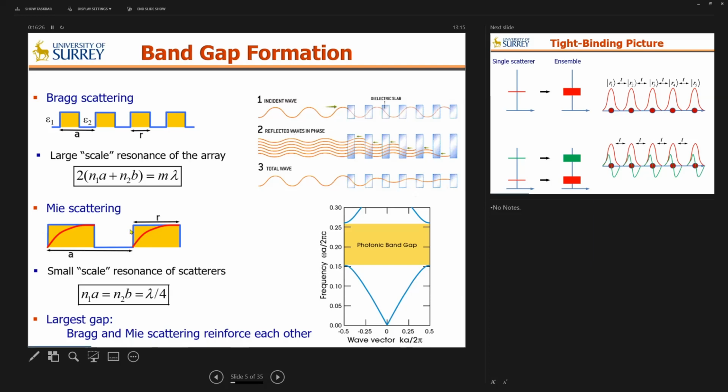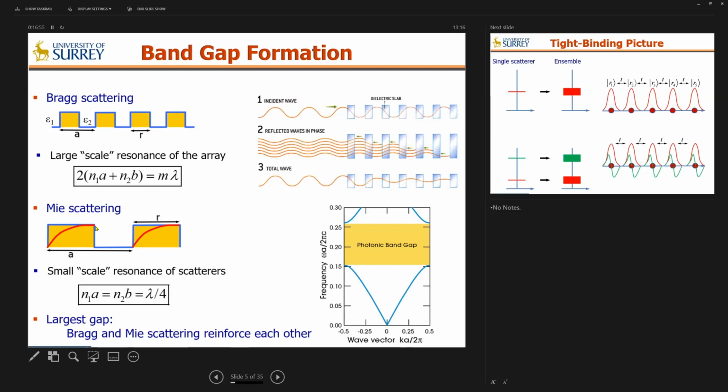Within the unit cell of the array, over here, one unit cell, a dielectric material and air, I want the light scattered within each of the pieces of the material, dielectric and air, to be in phase with the light that was reflected at the top interface. So light scattered over here is in phase with the light reflected, and hence each piece of the material contributes to the reflected signal.